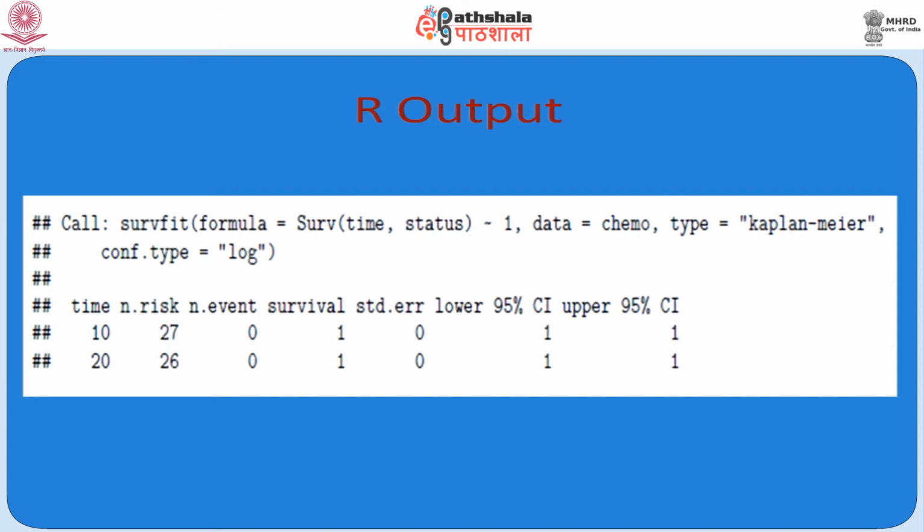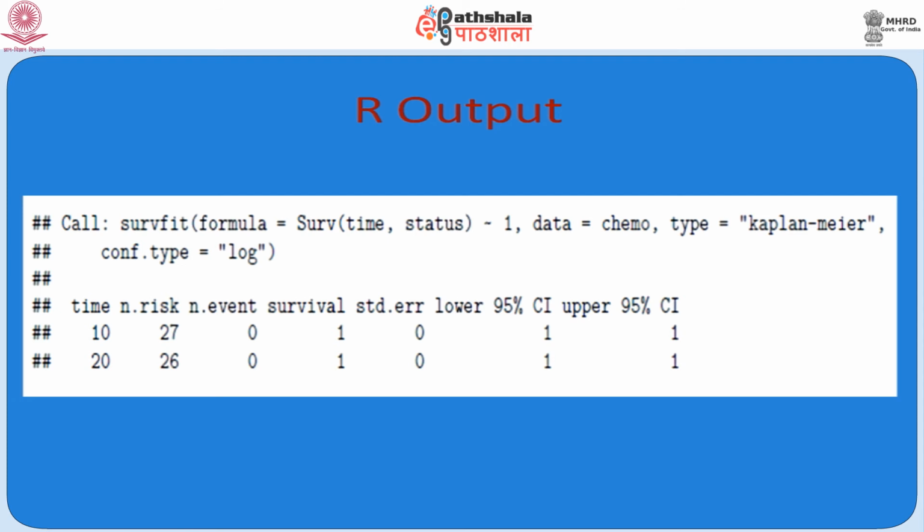As a result, you may see from the 4th row onwards we are getting time, the number of people at risk at that time given as n.risk, the number of events given as n.event, and the probability of survival given as survival, with standard error and the 95% confidence interval lower and upper also given. Since no event occurred till 10 days, all patients were at risk.